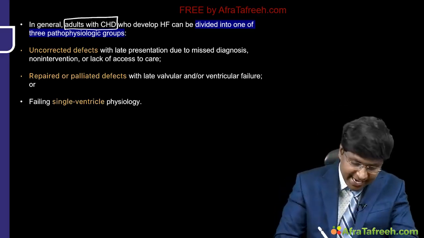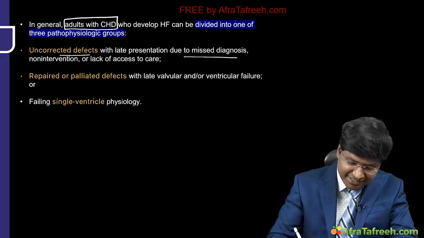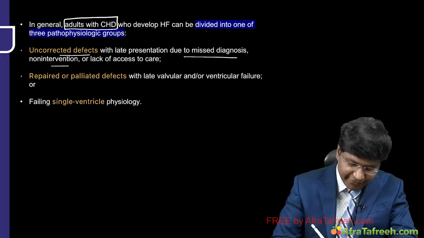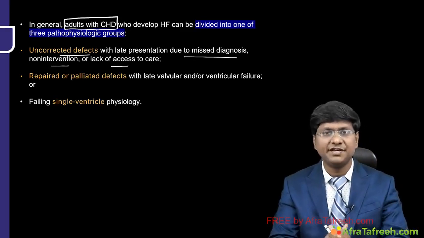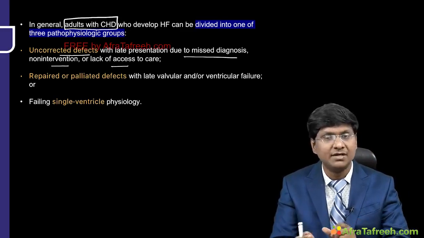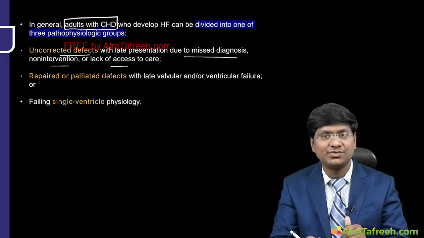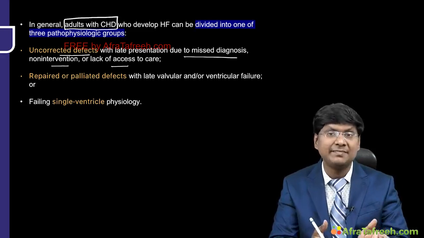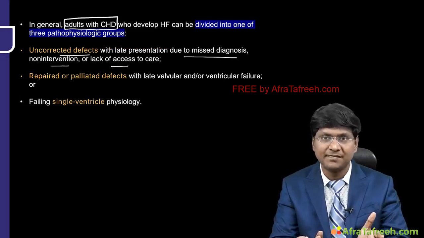Number one, uncorrected defects with late presentation due to misdiagnosis, non-intervention, or lack of access to care. The patient has some VSD, PDA, or ASD that has not been diagnosed, or lacks access to care, and the patient may directly present in a state of right heart failure as a part of Eisenmenger's complex.